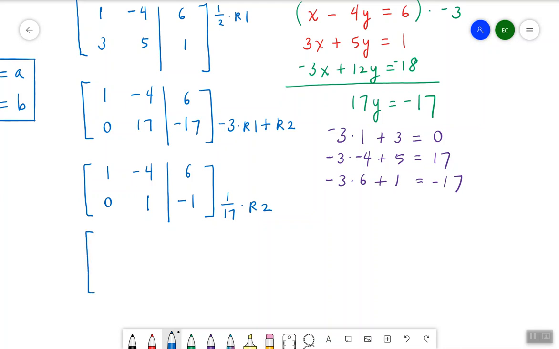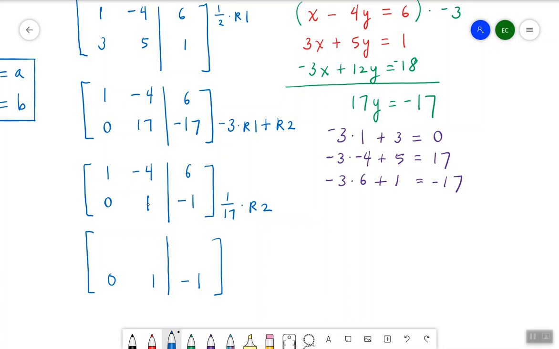And then the last step is to convert the -4 into a 0. So the second row is going to stay the same. And how do we make that into a 0? It's a little bit tricky. Let's see here. We've already done it once before. Let's see if we can make sense out of this.